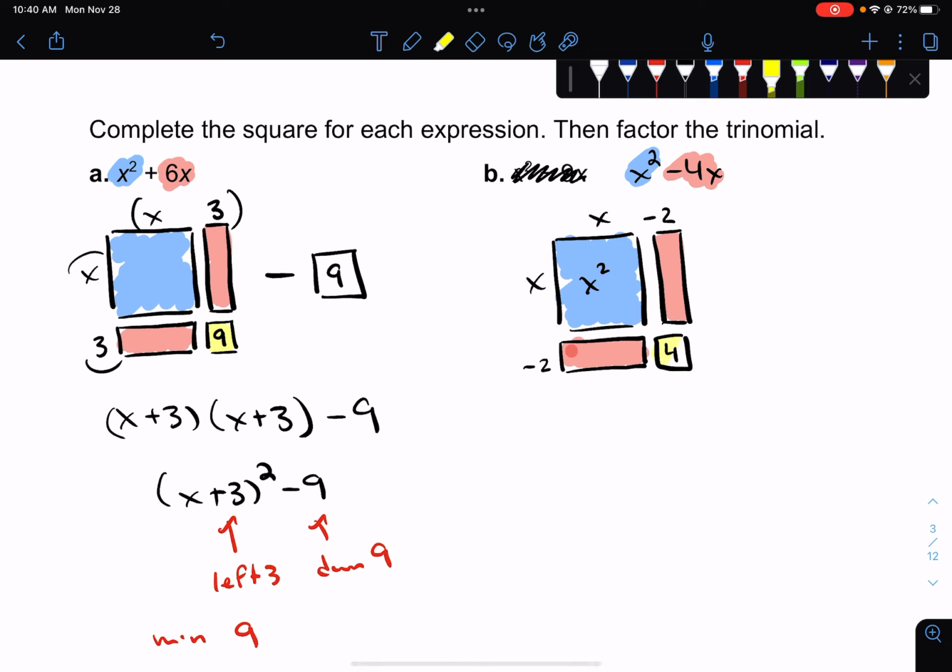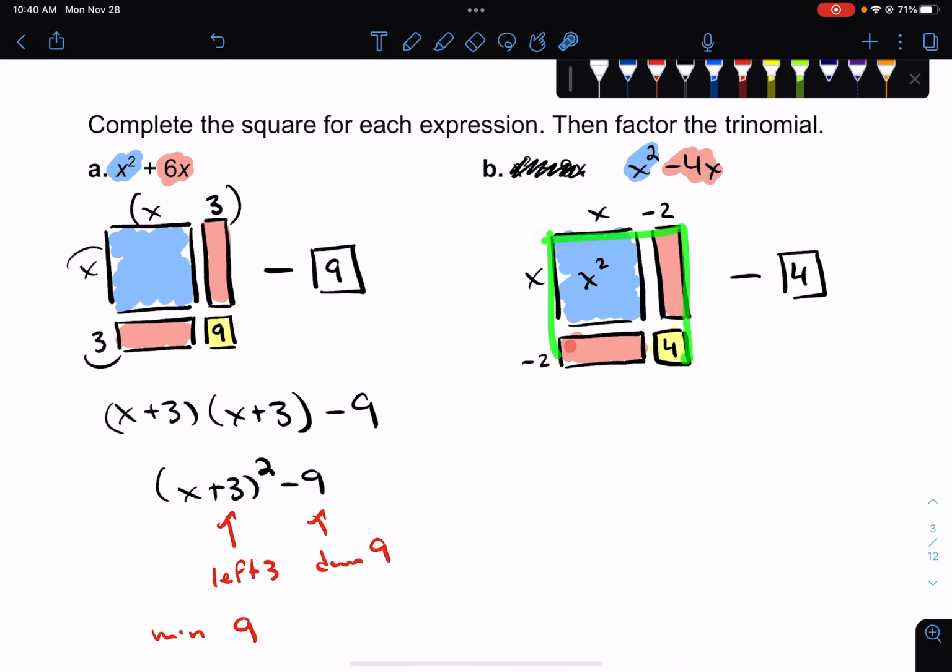So this little piece that I added, negative 2 times negative 2 is positive 4, which means I have to minus that same square. I added 4, so now I've got a minus 4. And since my square is completed, I know I cheated a little bit, right? I made this beautiful square, but it has this little extra stuff. I'm okay with that because I have this nice looking square.